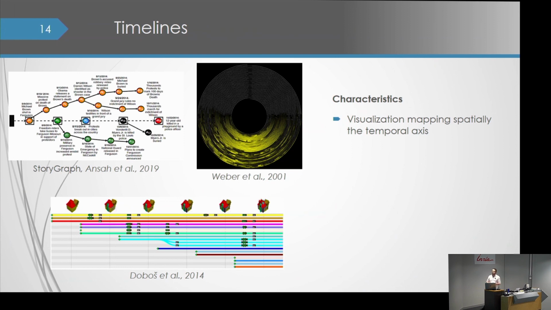But timelines can also be circular or in a spiral, like here, with this example of sunlight illumination over days over each cycle of the spiral. So timelines are very diverse and flexible types of visualization, which can help create perceptually and narratively beneficial visualizations.